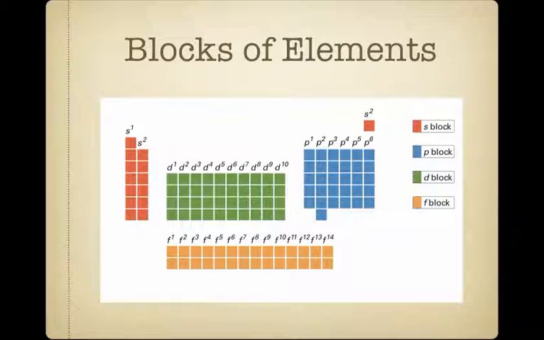Anything in the green, we're filling the d sublevel. And anything in the orange down below, we're filling the f sublevel. So it is very possible to just look at an element's location on the periodic table and figure out exactly what its electron configuration is. This periodic table is broken down very specifically by how these atoms are filling their sublevels.